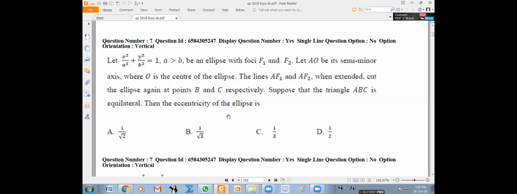This is the length of the minor axis. These are the two foci. When you extend it like this, they meet the ellipse at P and C, and that is an equilateral triangle.